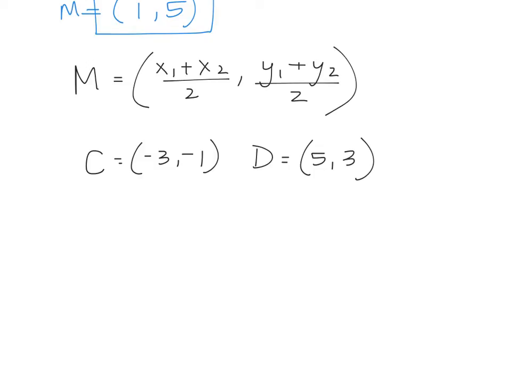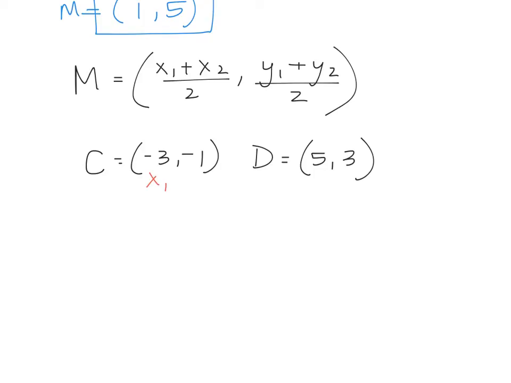What are you going to call negative 3? Right. You need to label your x1, y1, and your x2, y2. So we're going to call this negative 3, x1. Okay, now here's the thing. I could call the 5 x1, and that's okay, as long as the 3 then is y1. So you got to keep your 1s on one point and your 2s on another point.